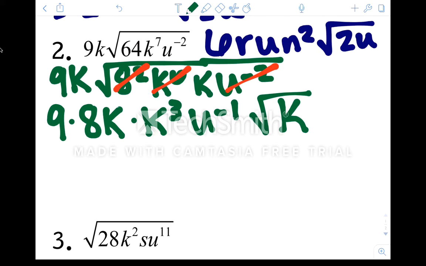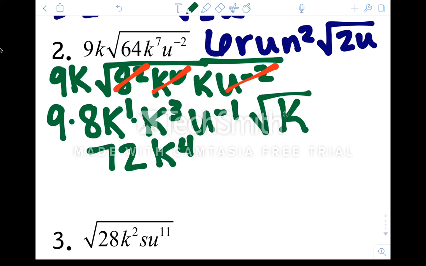And now I can simplify this. I know 9 times 8 is 72. I know k times k to the third. In order to multiply those, I need to add my exponents. So 1 plus 3 is 4. And I know that when I have a negative exponent, I need to take the inverse.